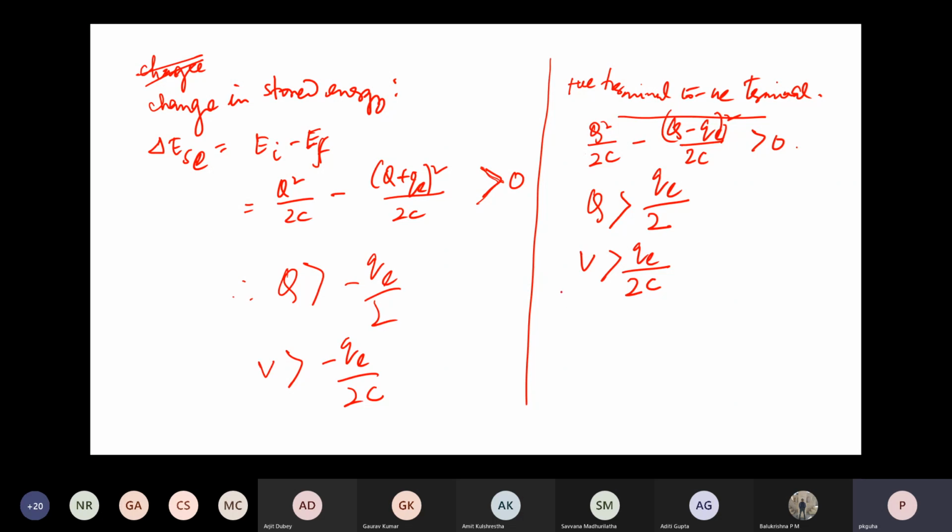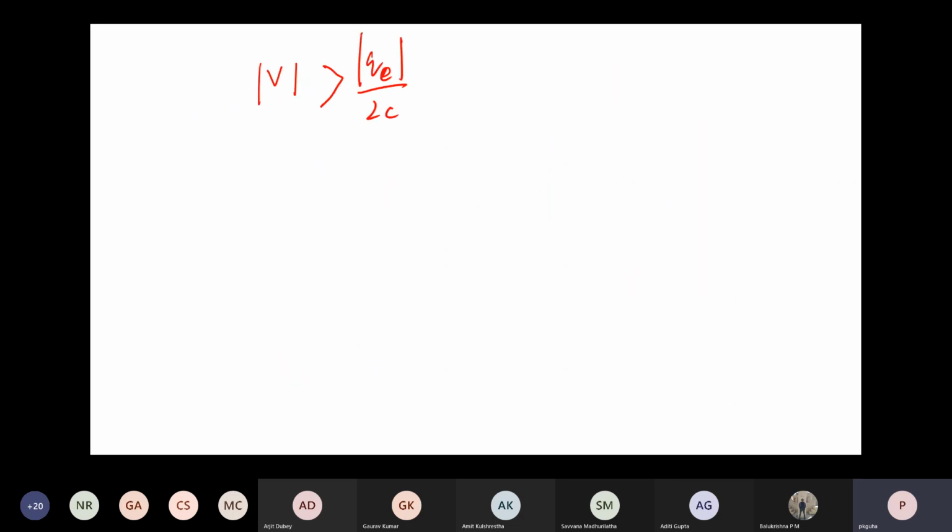So tunneling can only occur if you have a sufficient voltage, which is mod Q_E over 2C, across the capacitor. This is known as Coulomb blockade. Without this voltage, there will be no tunneling of even a single electron between the two plates of the capacitor.